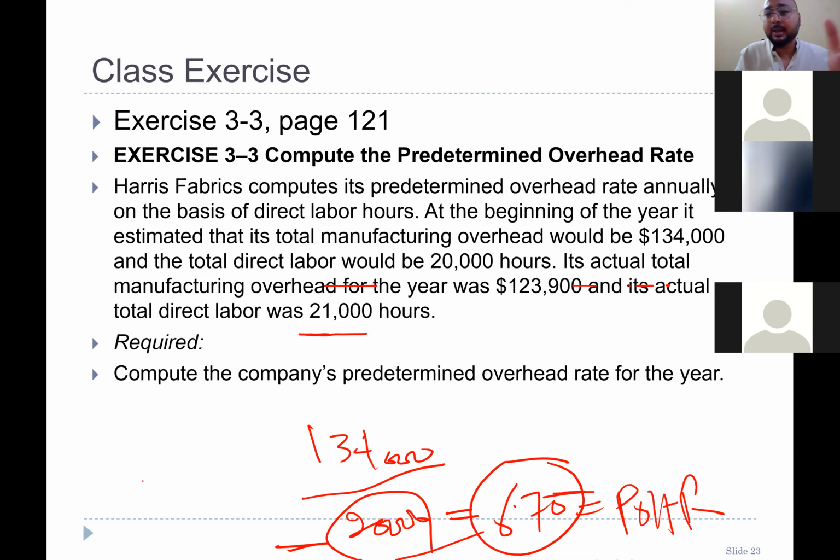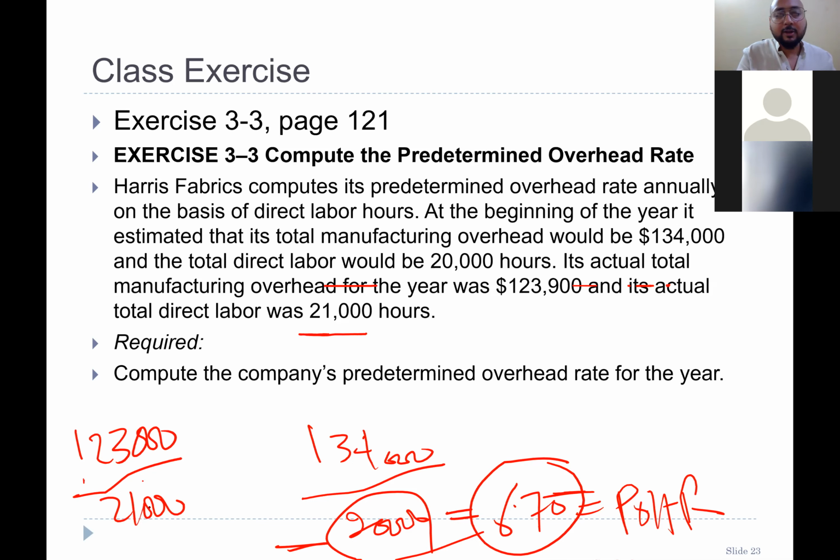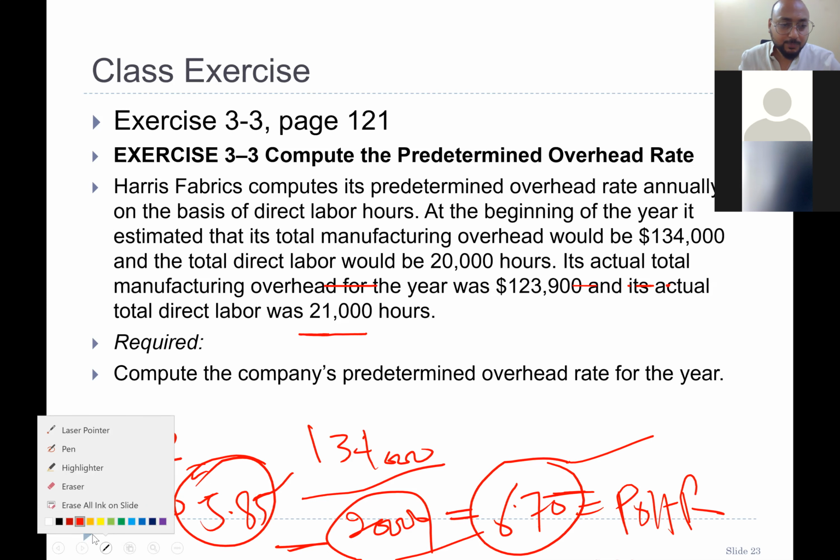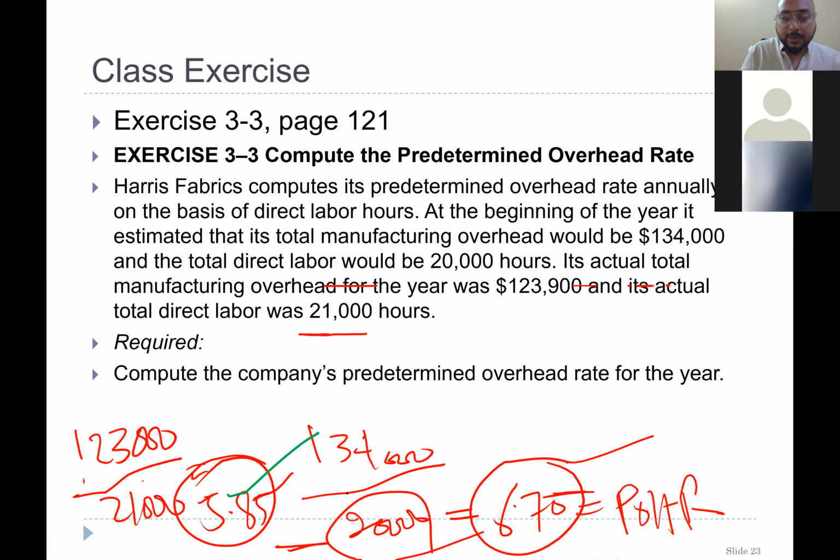The actual manufacturing overhead is based on 123,000 over 21,000, so the answer would be 5.85. So can you compare 6.7 with 5.85? Can we compare 5.85 with 6.70?